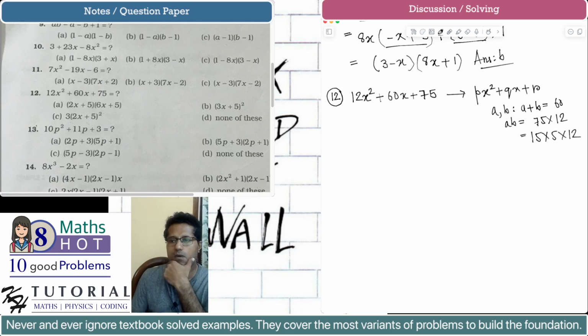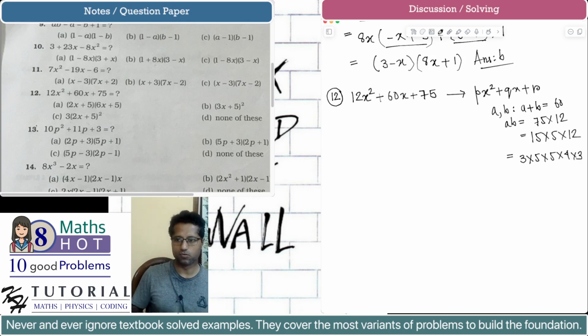Let's create more factors. 15 is 3 into 5, so 3 into 5 into 5, and let's say 12 as 4 into 3.